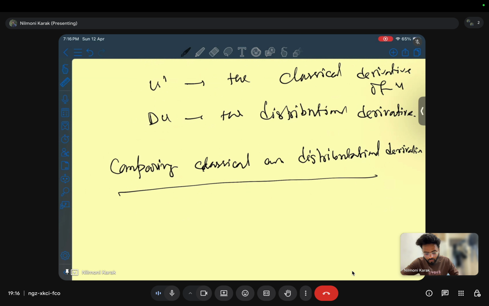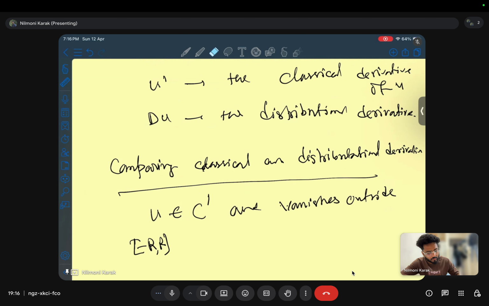So here, you take u in C1, so continuously differentiable means the first derivative is continuous, and u vanishes outside minus r to r for r greater than 0.